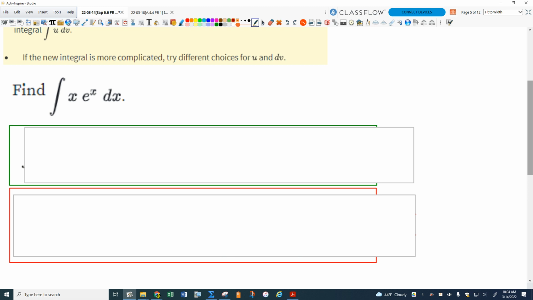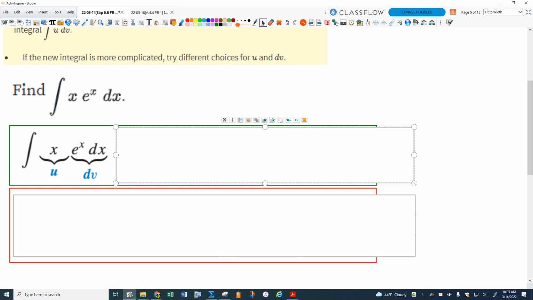I've really got two choices. I could either let u be e to the x, or let u equal x, and dv would just be the other part. Does that make sense? Let's just try them both and see what happens. So what if we try letting u equal x and dv equal e to the x dx?